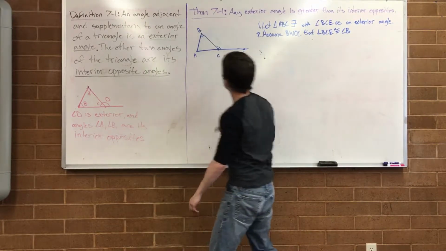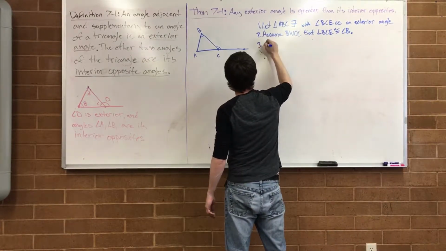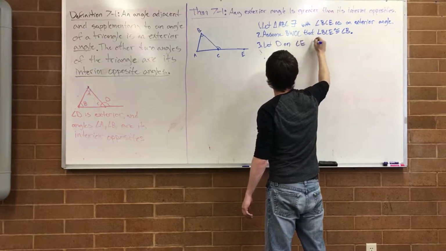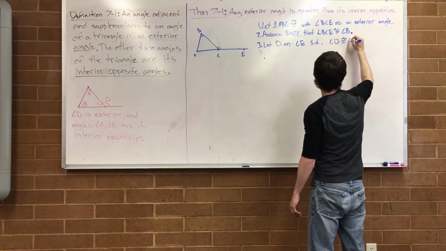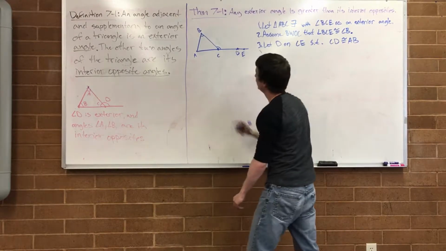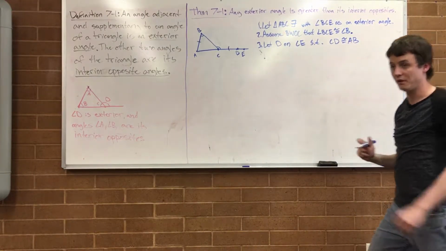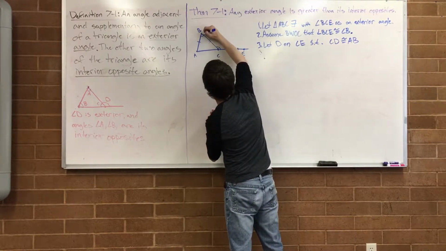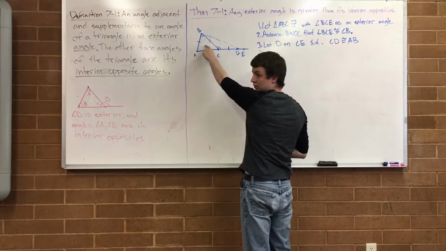That is congruent to that. 3, let D be on CE such that CD is congruent to AB. So now we're picking a point on this ray, namely D, so that this and this are congruent. Right? And that's going to give us our congruent triangles, because this side's congruent to itself, so this triangle is now congruent to this one, right?